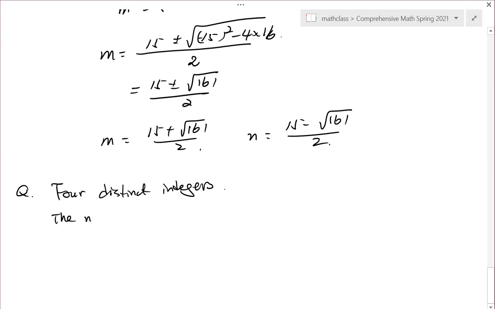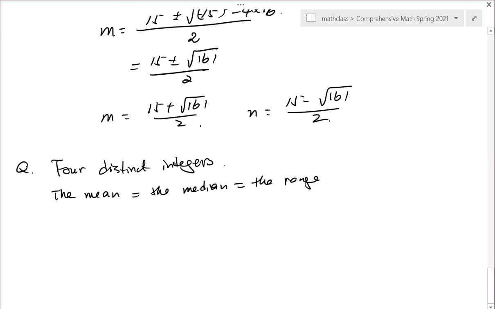The mean equals the median equals the range. So the mean, median, and range have the same value. We also know that the least integer in the list is 10. What is the greatest value for the integer in the list?